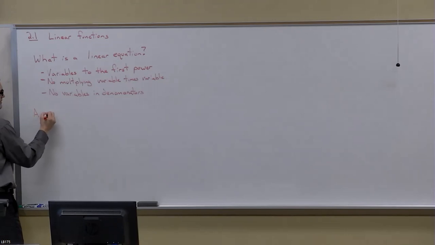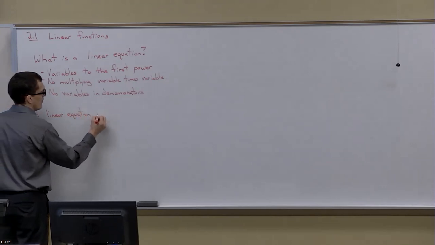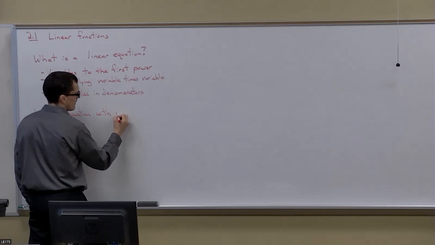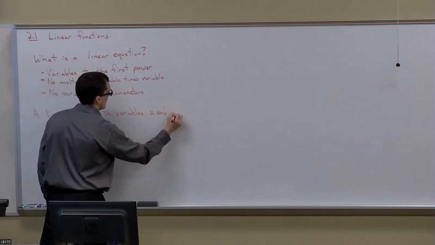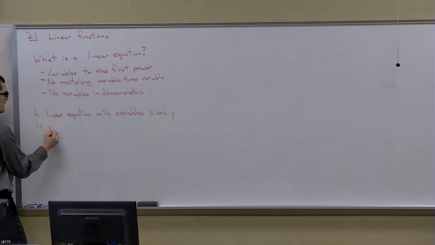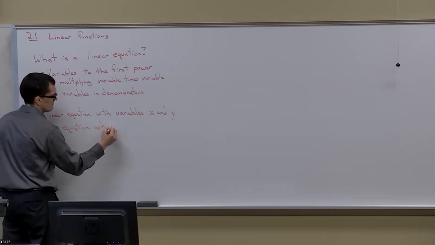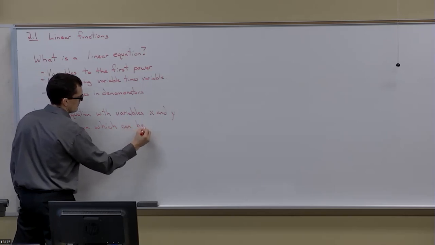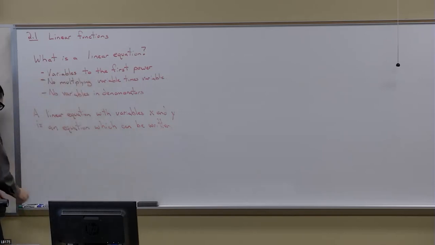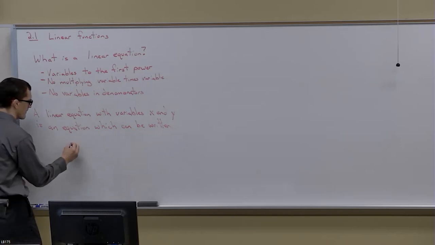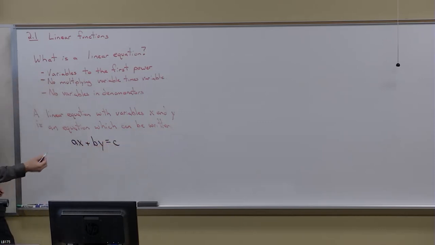A linear equation with variables, let's say x and y, is an equation which can be written this way: ax plus by equals c, where a, b, and c are real numbers.